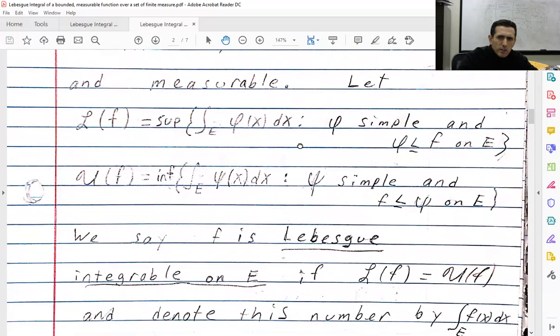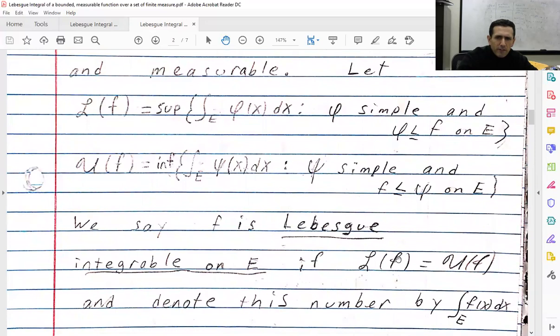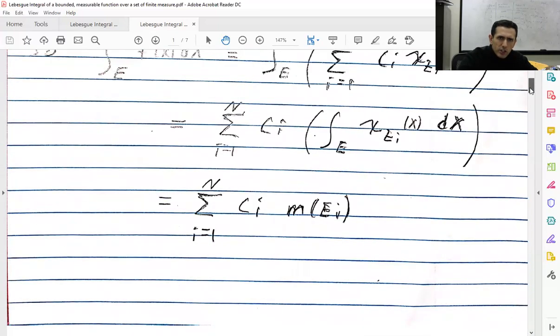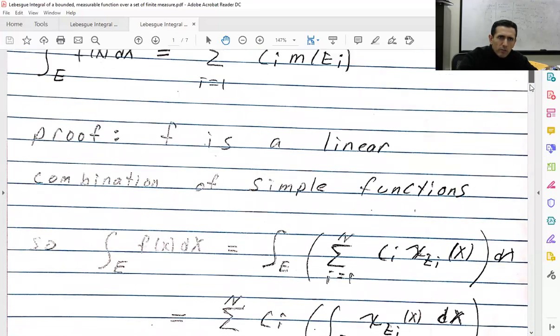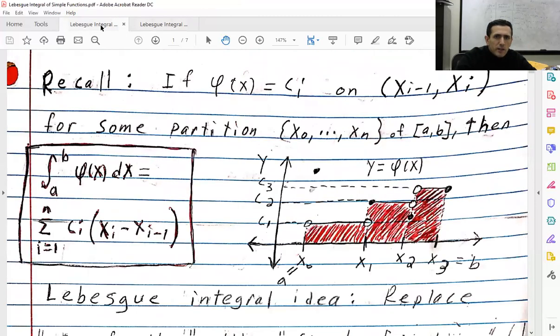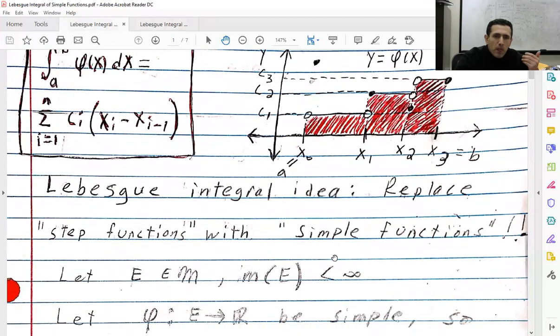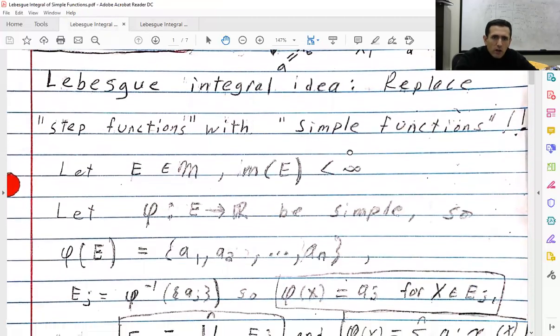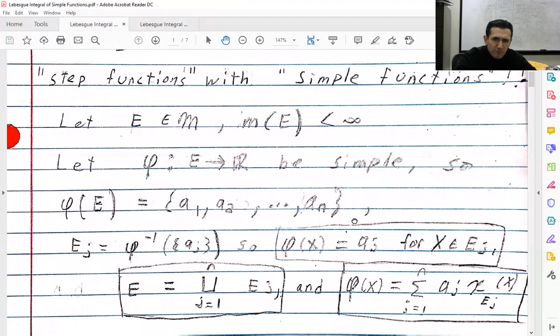One is by this definition in terms of equality of the lower and upper Lebesgue integral. And the other one is essentially from this note here, which really is using the previous definition of the Lebesgue integral of a simple function.